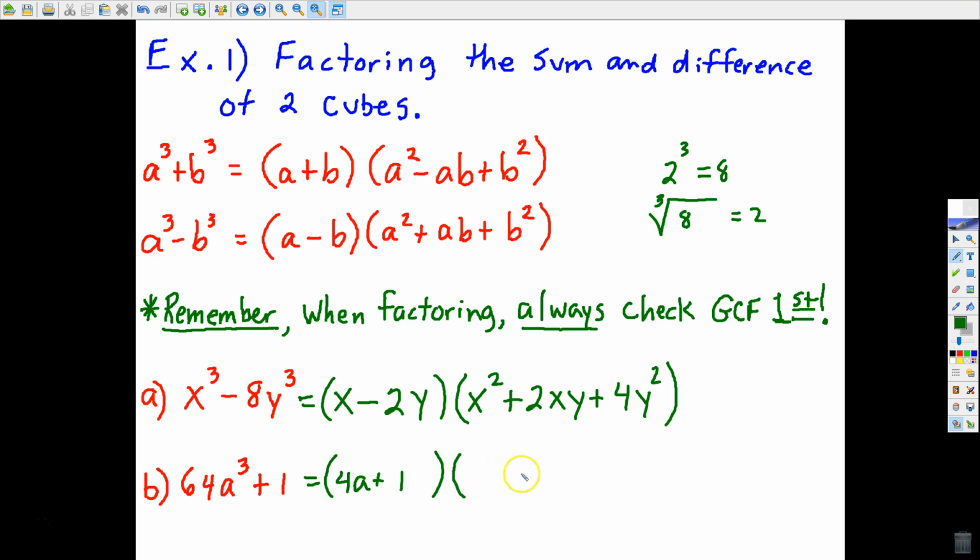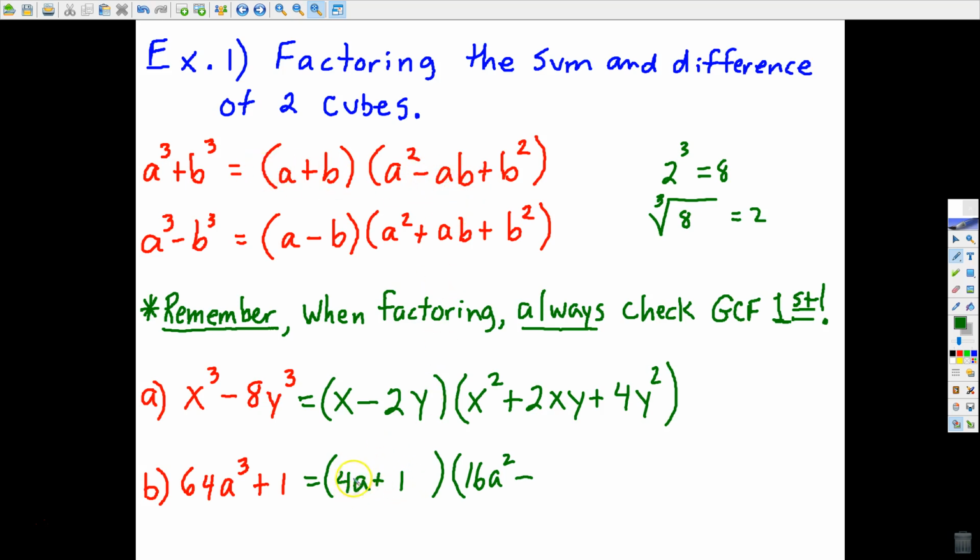Okay, and once again, I'm going to use these two terms. This would be the a term, and this would be considered the b term. And notice how we're going to come up with this trinomial factor to the right. So I take the first of these terms, 4a, and square it. That gives me 16a squared. Notice I'm going to follow that with a minus sign, so do exactly as it shows in this pattern.